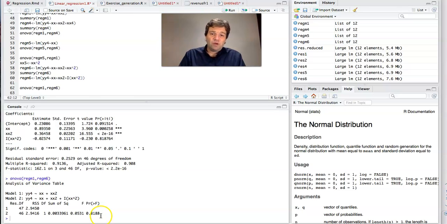And it's the same for interactions. To add an interaction is the same as adding a new covariate. To insert x1 times x2 is as if you were inserting a new variable, let's say x3. Therefore, in this case, the partial F test can also be used to see if adding an interaction is interesting or not. This partial F test can be really useful in a lot of situations.